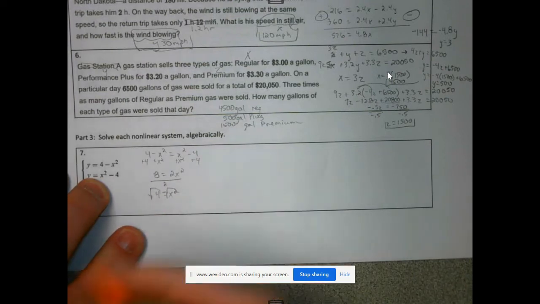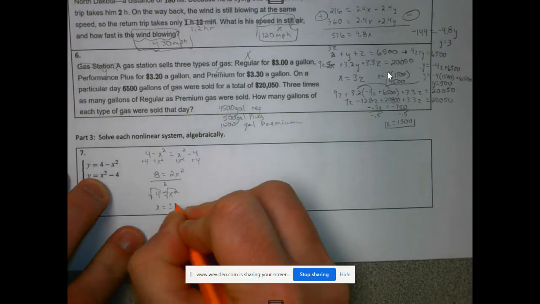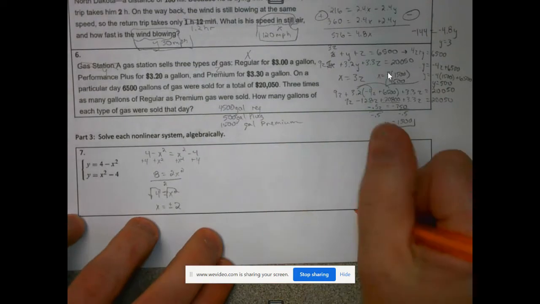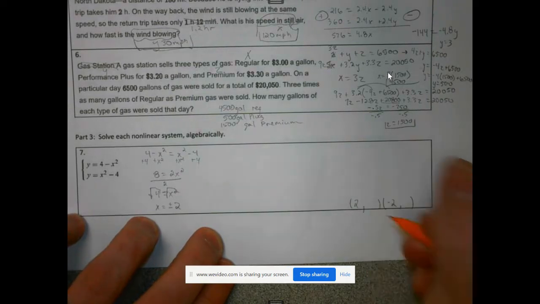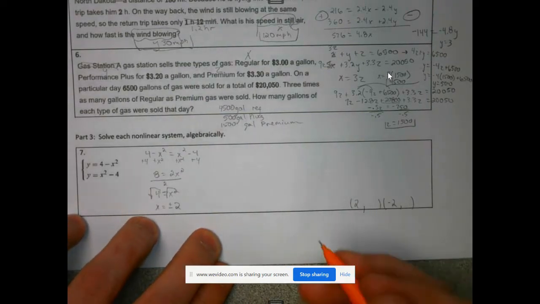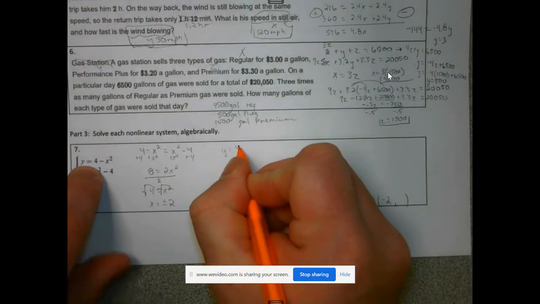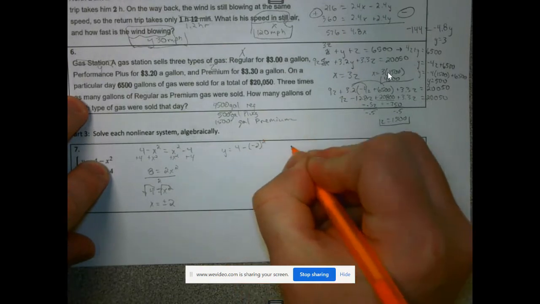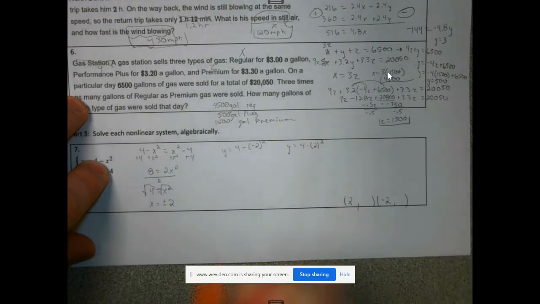Now, when you take a square root in an equation, you get a plus minus. So you have plus minus 2. So that is 2 x values. So you are going to have a 2 ordered pair and a negative 2 ordered pair when you set this up. So you got to plug both of them in. So we just take y equals 4 minus negative 2 squared and y equals 4 minus 2 squared.